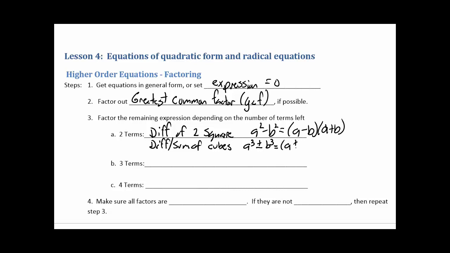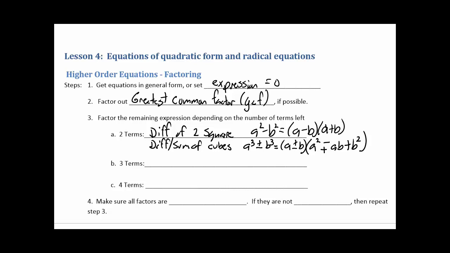So that's a plus or minus b. Obviously the sign is going to change depending upon what's between them. Then a squared minus plus, because the sign switches on that second term, ab plus b squared. So if you see two terms, you know it's some sort of factoring shortcut, or you're done at that point.